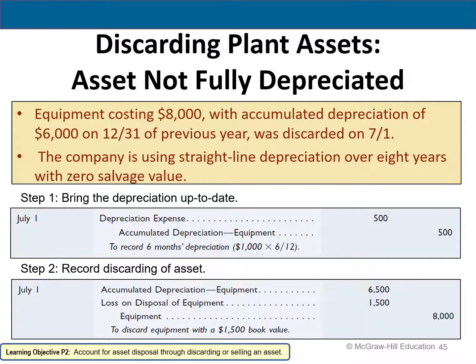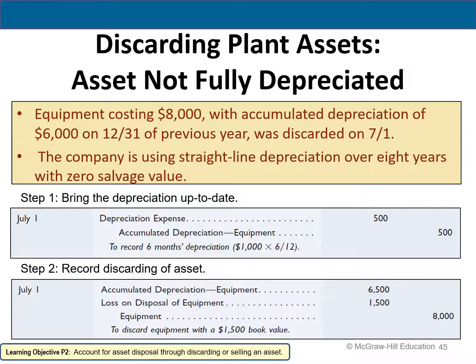In this case, we need to record 6 months' worth of depreciation. So we would take our $1,000 times 6/12, and we would update our depreciation expense with a debit of $500. And we would update our accumulated depreciation with a credit of $500 to increase it for depreciation through 7/1.